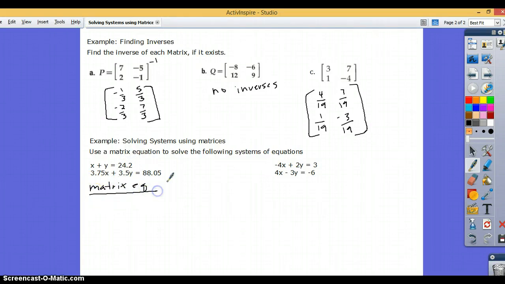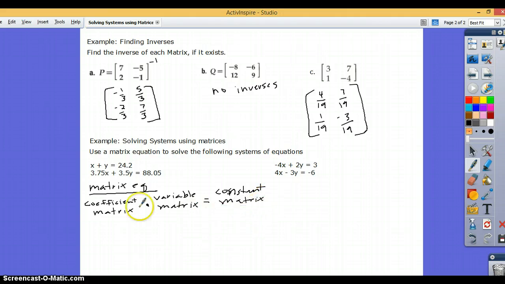The matrix equation is the coefficient matrix times the variable matrix equals the constant matrix. So let's fill that out.